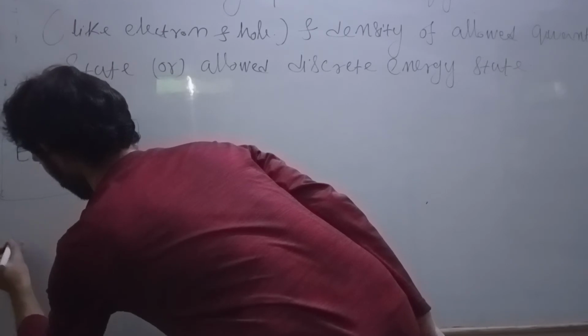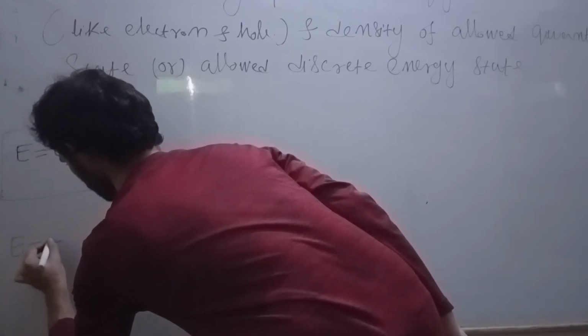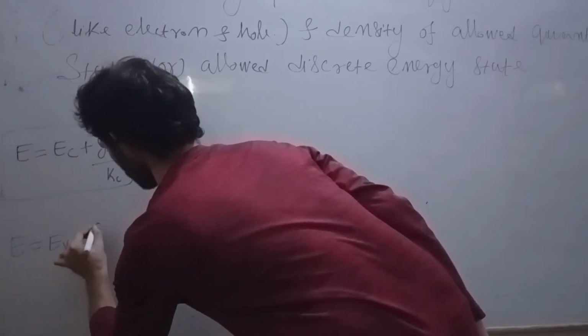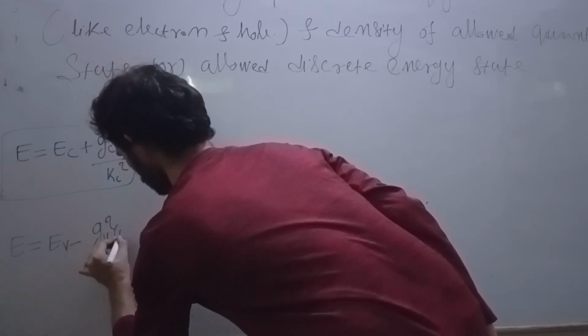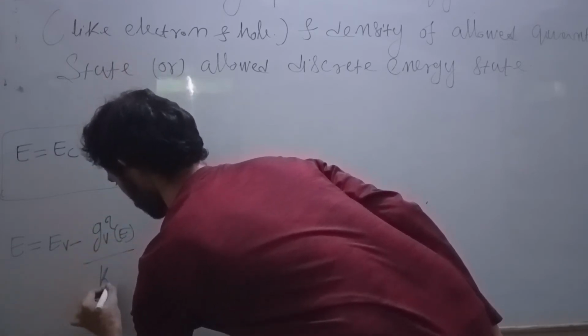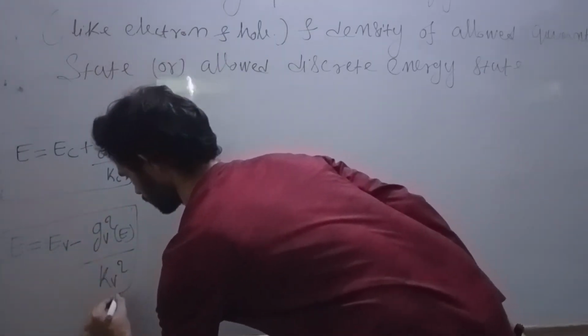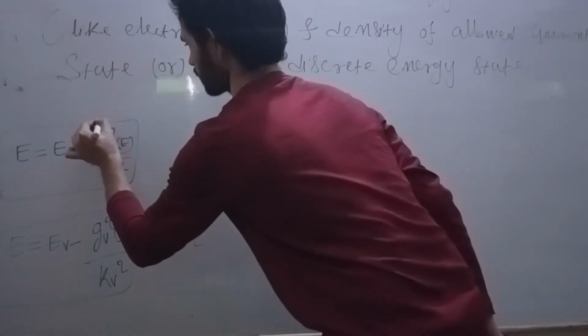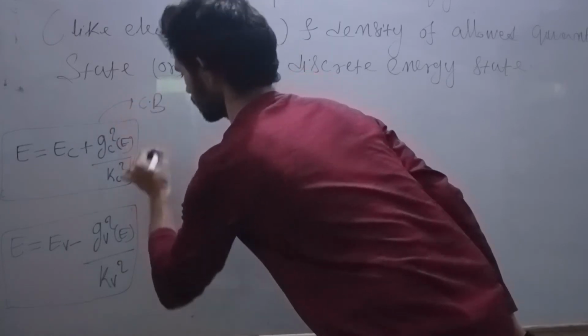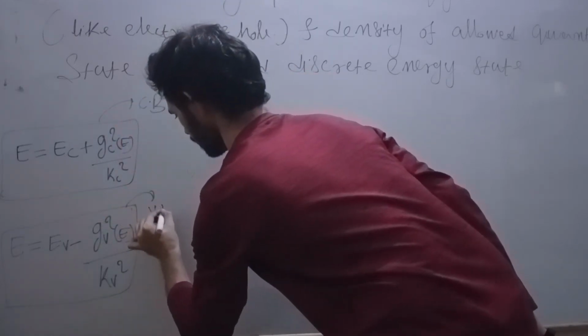And another for valence band it is EV minus GV square of E divided by KV square. This is in conduction band, and this is for valence band.